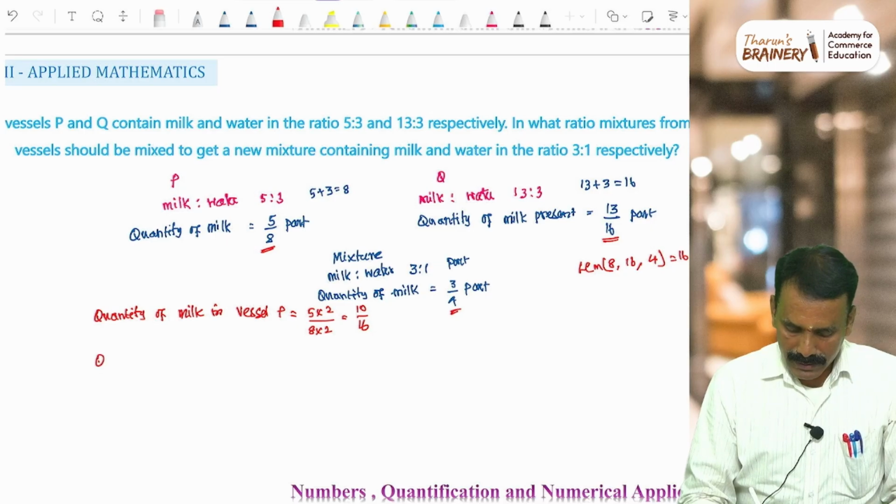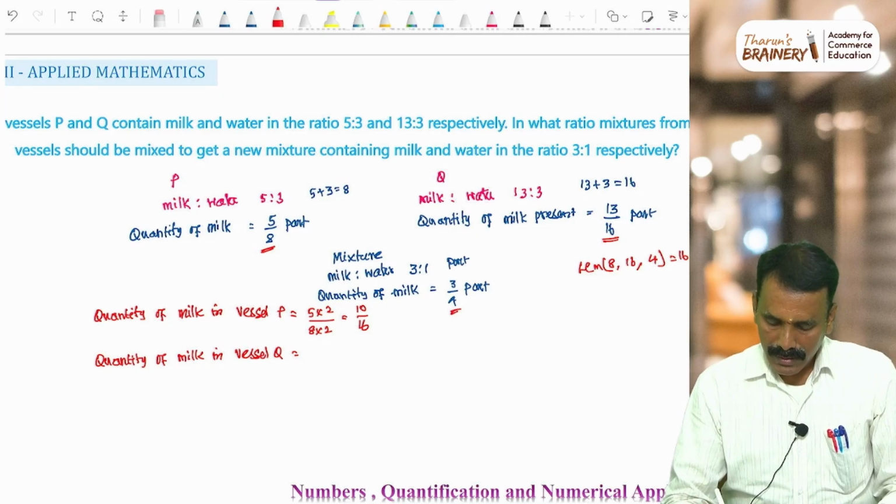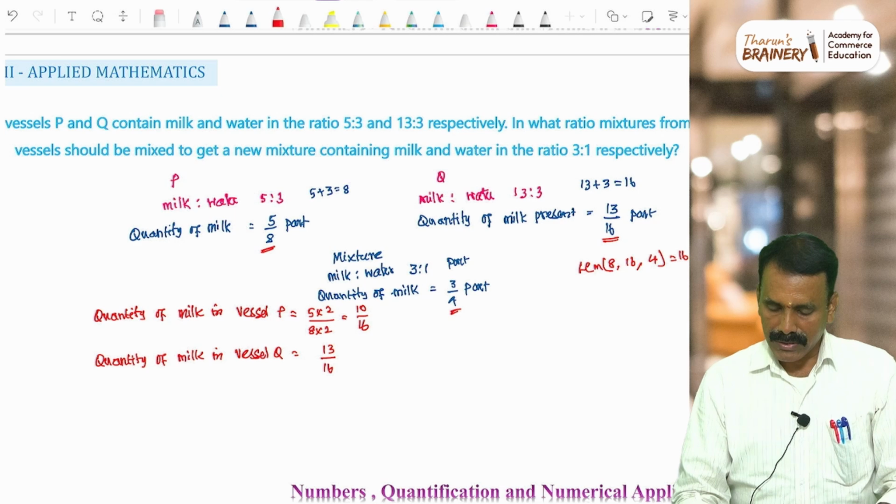And the quantity of milk in vessel Q will be equal to, it already has the denominator 16, so we need not multiply with anything, so 13/16.